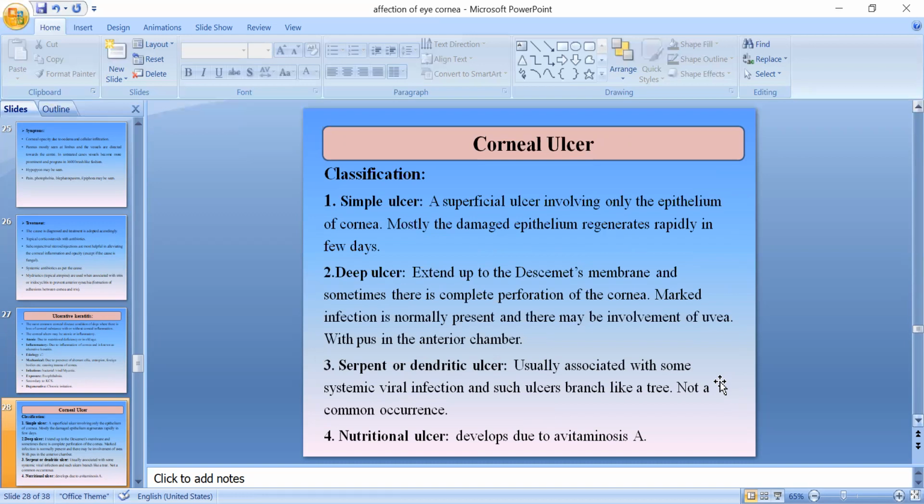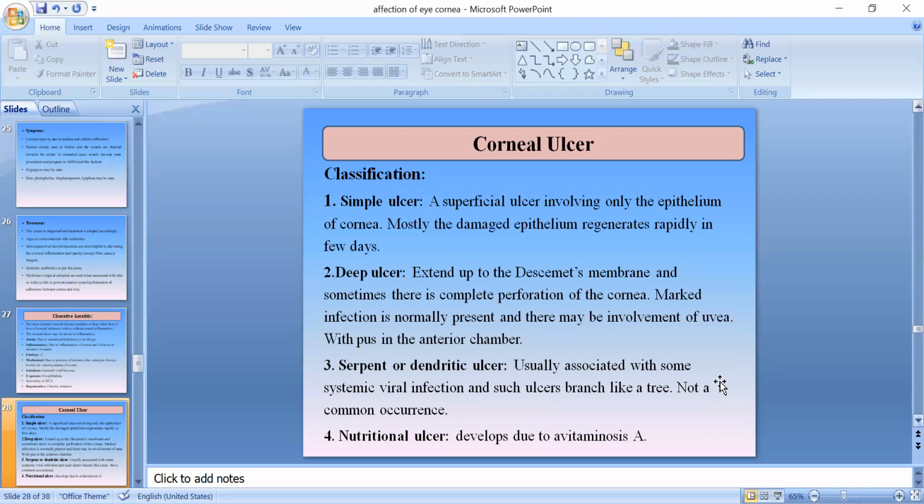Another is corneal ulcer. So there is simple ulcer, deep ulcer, serpent or dendritic ulcer, and nutritional ulcer. In simple ulcer, a superficial ulcer involves only the epithelium, the superficial layer.